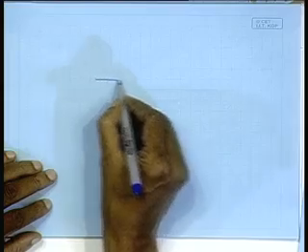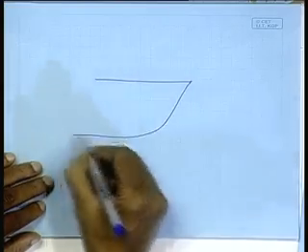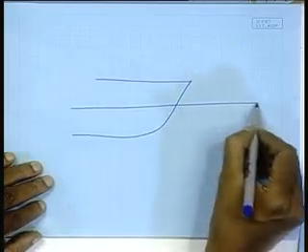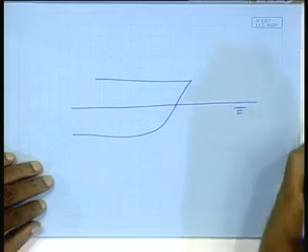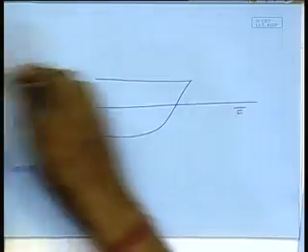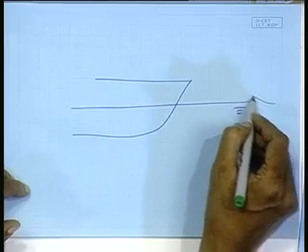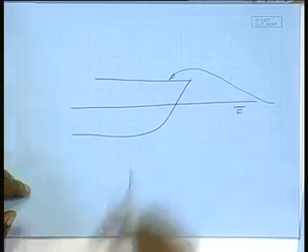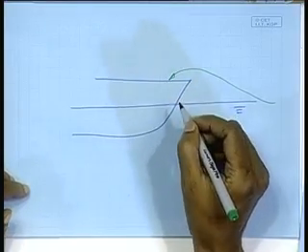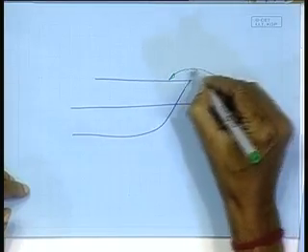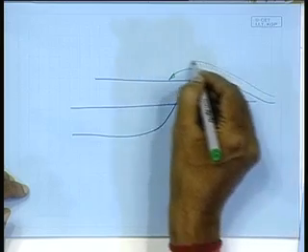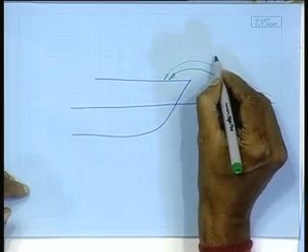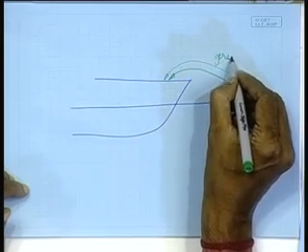Suppose I am just drawing the forward part of the ship, this is your water surface. Now, in bad weather, the waves may become too high and come and hit the deck, right. So, you need additional strengthening at the deck for this water coming and falling on the deck, which is referred to as green water.